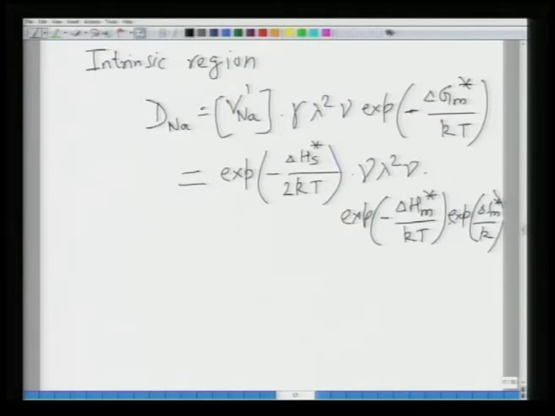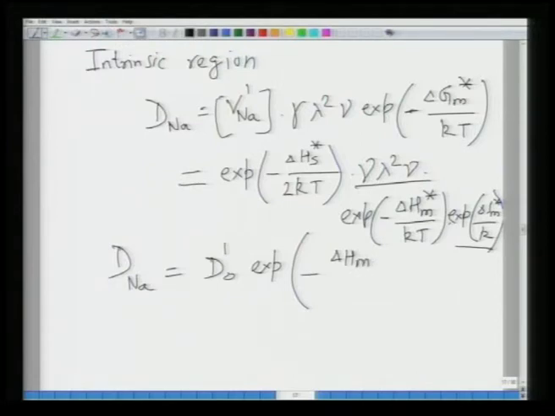Okay. So now what is constant here? This is a constant, this is a constant. So D_Na is equal to some constant, let us say in this case D naught prime, exponential of minus 2 H_M star plus delta H_S star divided by 2kT.